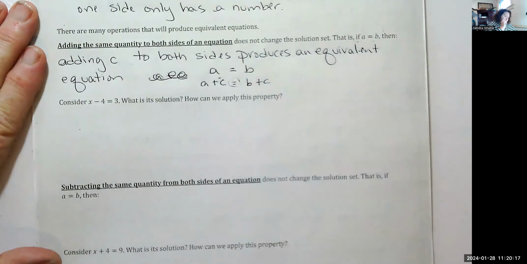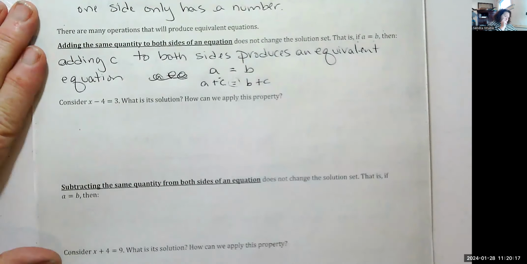And then my big question I ask myself is, who is attached to x and how? So the 4 is attached to x with subtraction.